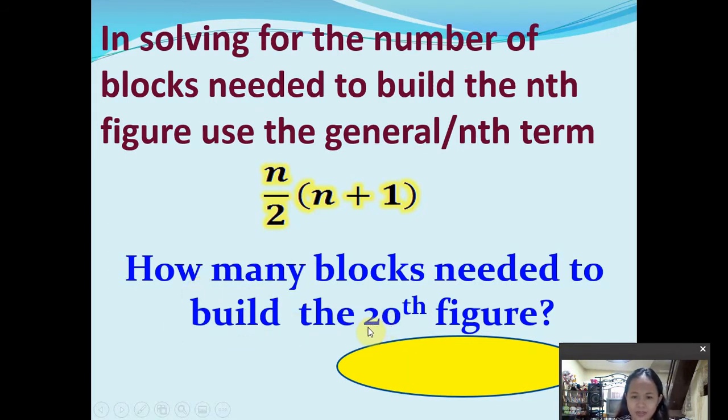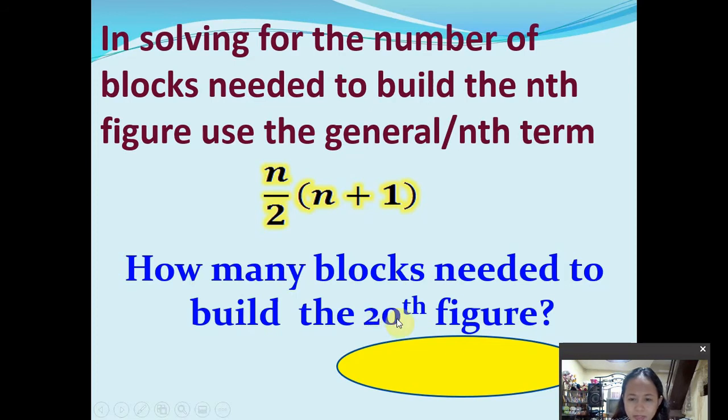Are we going to add all the consecutive numbers up to 20 to get the 20th figure? So no, there is no need for us to get the number of blocks needed for the 20th figure in an easier way. So we will simply apply the general rule or the nth term or the formula we just derived.